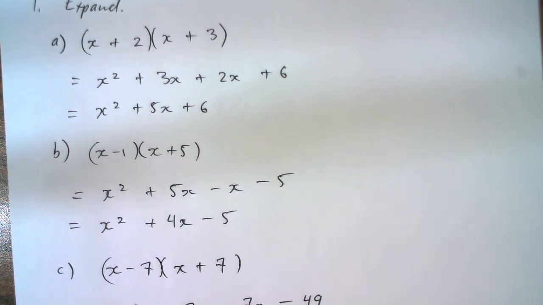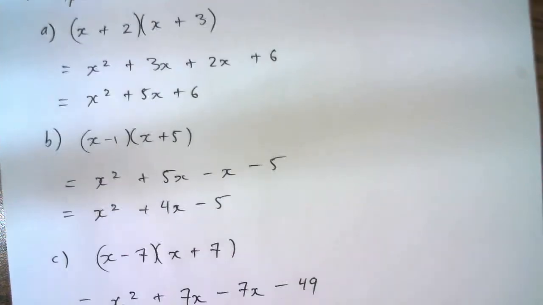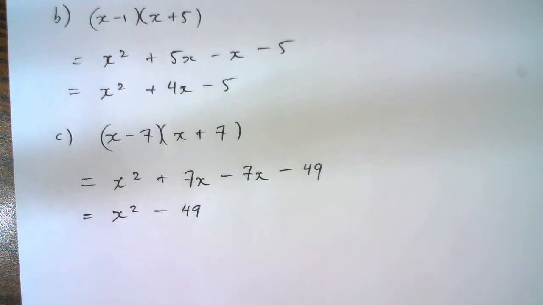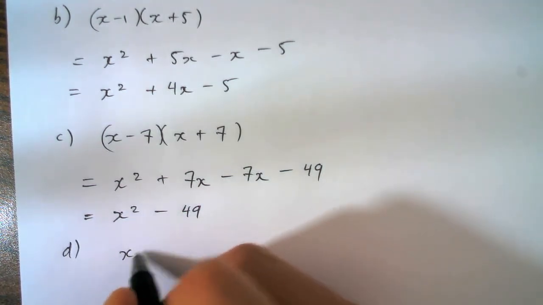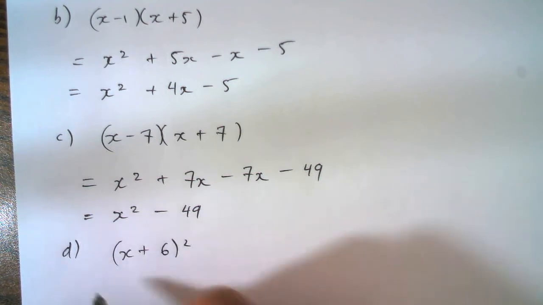Same thing here. The two terms in the middle are going to add up to 0, so we're going to get x squared minus 49. You might recognize that as a difference of squares, and this as a perfect square.